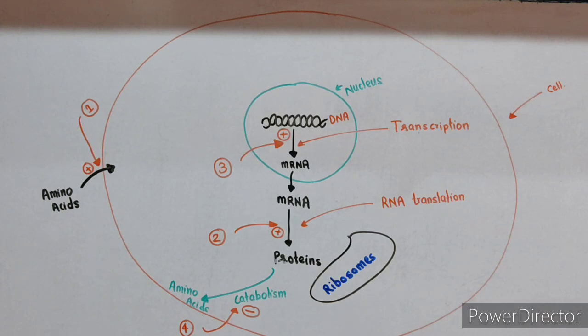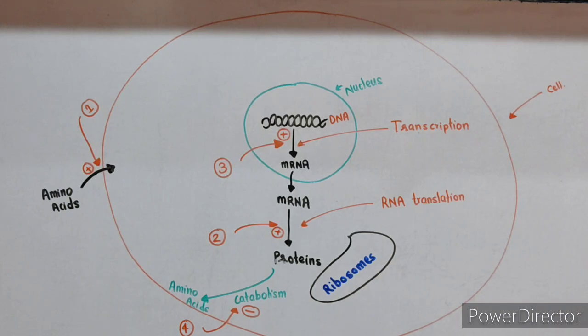I have shown them by numbers 1, 2, 3 and 4. First, number 1: growth hormone enhances the entry of amino acids into the interior of the cells. When amino acid concentration inside the cells is increased, ribosomes can synthesize more proteins. Number 2 effect of growth hormone is that it increases RNA translation, so there are more proteins from mRNA.